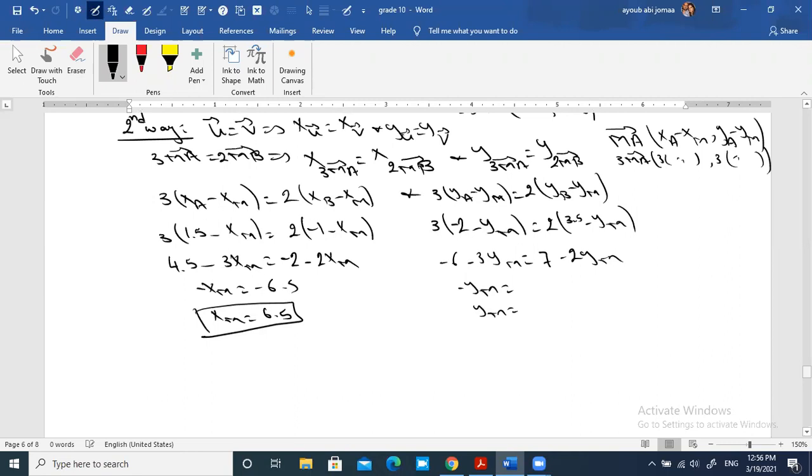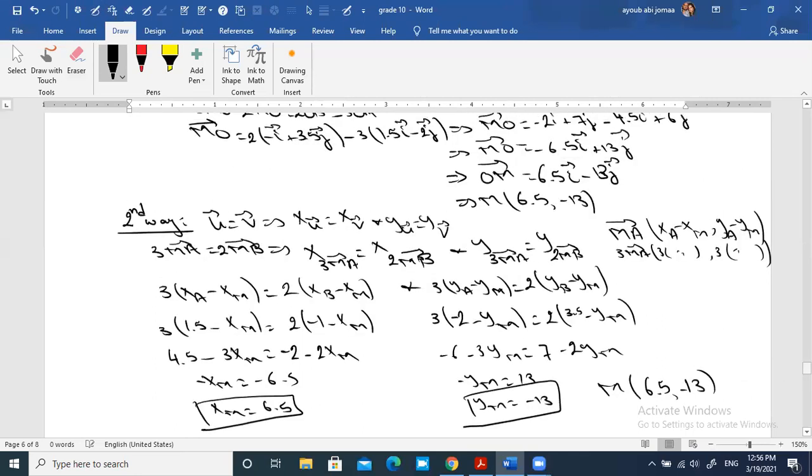So 6 plus 7, 13, negative 13. Therefore, point M has coordinates 6.5, negative 13. Of course, the same answer.